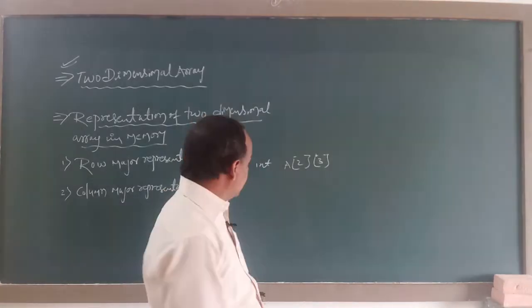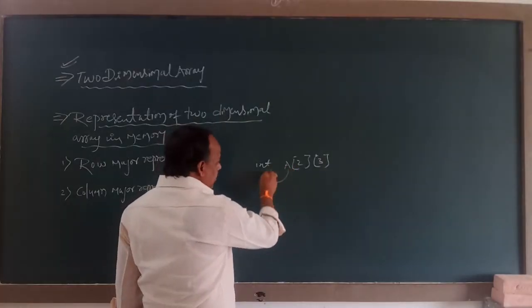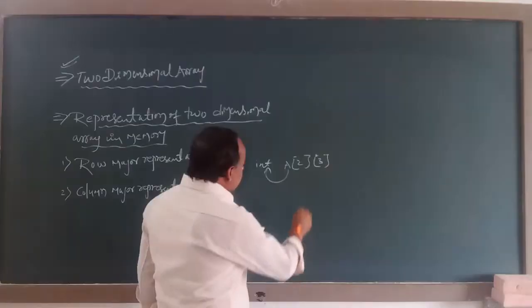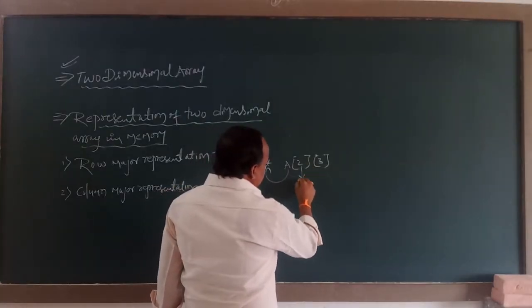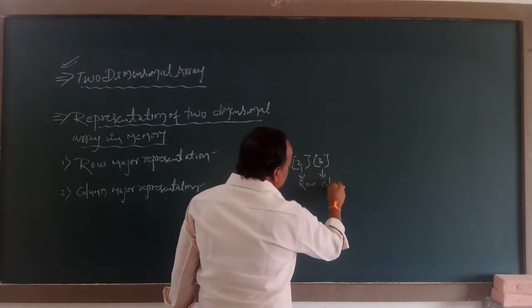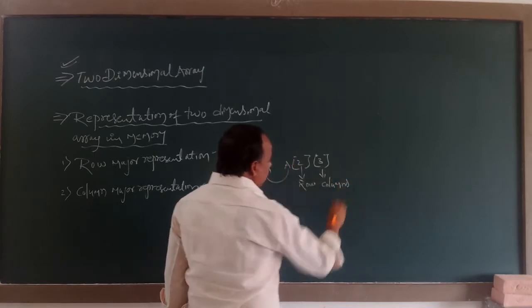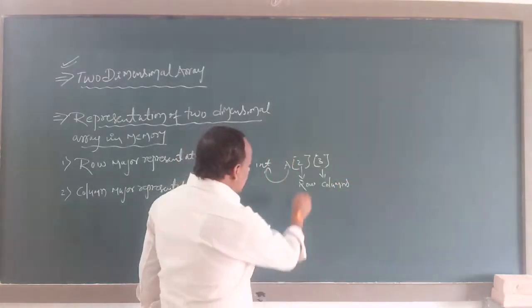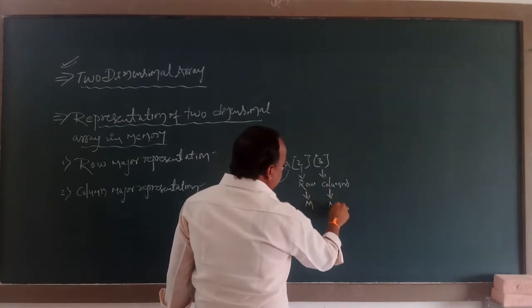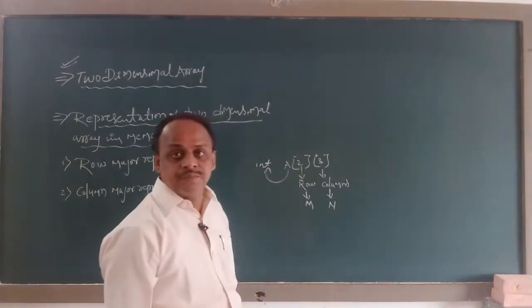It means A is an array of int type with 2 rows and 3 columns, where the number of rows is indicated by the letter m and the number of columns by the letter n.